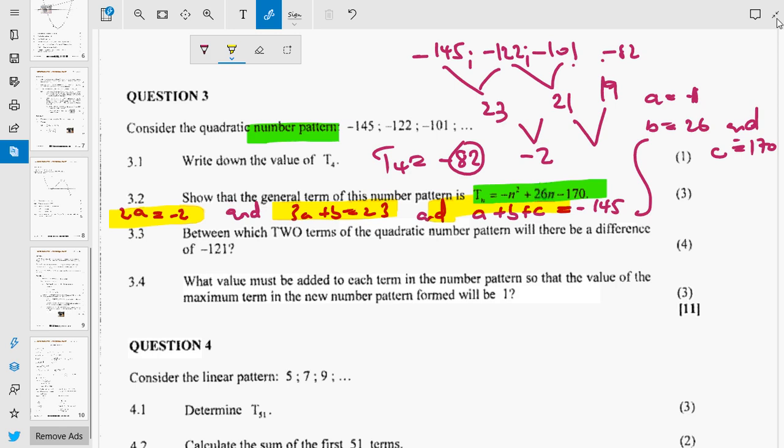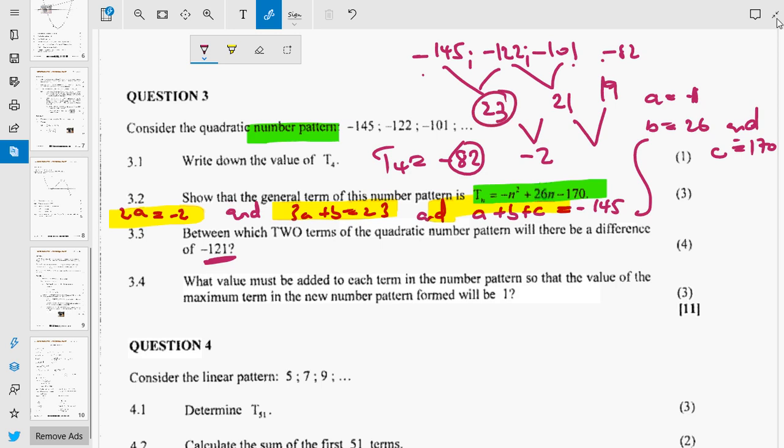They are saying, between which two consecutive terms of the quadratic number pattern will there be a difference of minus 121? Now, you have to think a little bit here. You know that this minus 121 is actually part of an arithmetic sequence, the first differences.